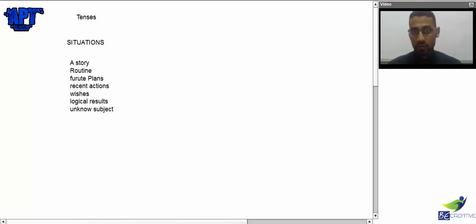That means I don't know who closed the door, but the action here, or what I see here, is that the door is closed. So that's tenses. We're talking about grammar. Now let's talk about something else.